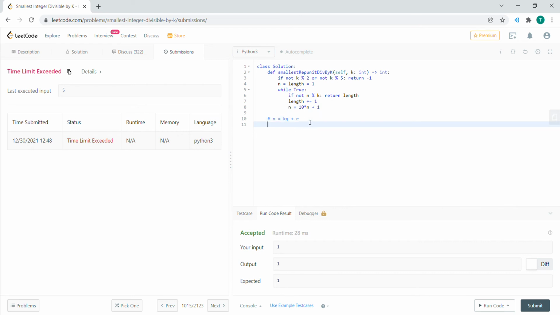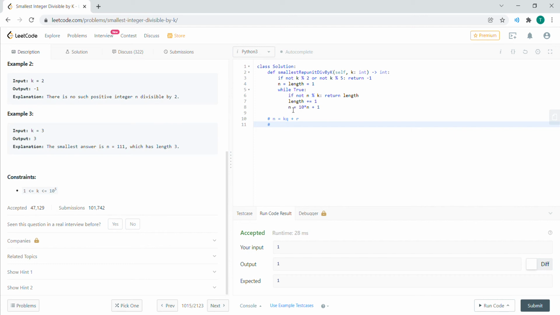And therefore, we know that our function here, where n equals 10 times n plus 1, is going to be of the form, well actually, we'll just type it out. So n is going to be, we just substitute n from the previous line into it, 10 times kq plus r, plus 1.